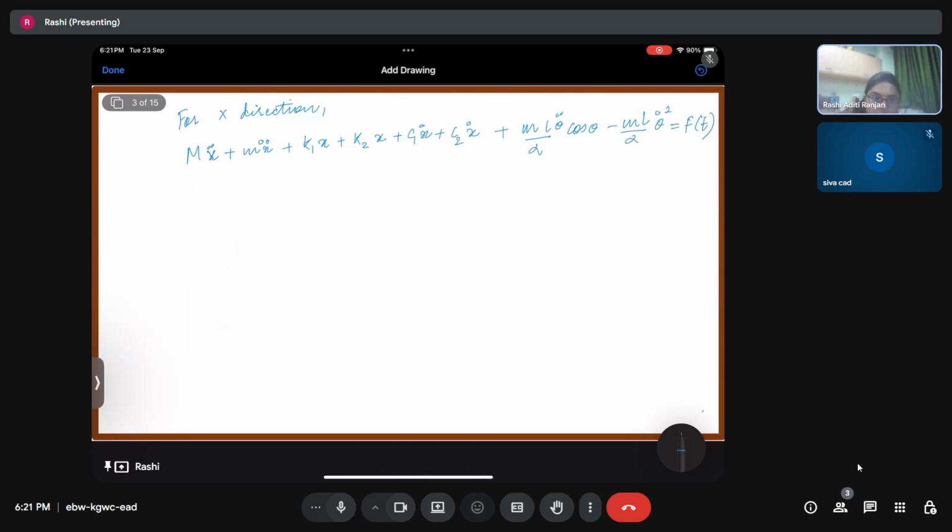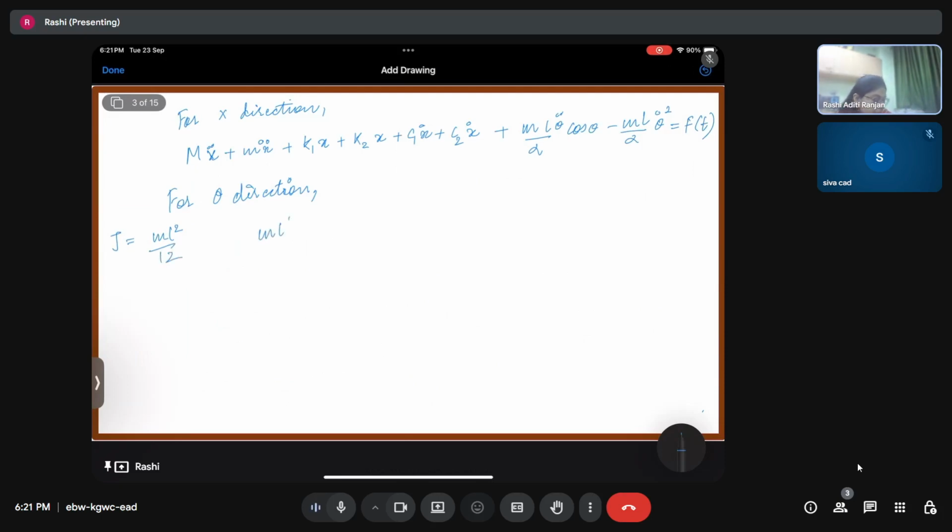First we'll write for the theta direction, then we can assume linearity. For the theta direction, what are the forces that we have? First is J into theta double dot. J, for this kind of rod which is pivoted at one end, is going to be ml square by 12.